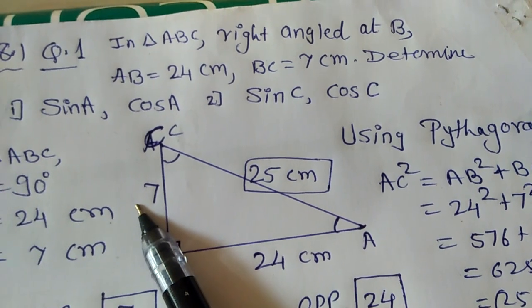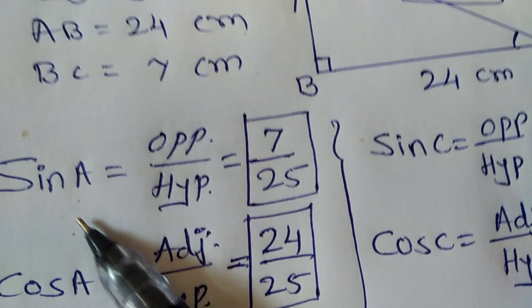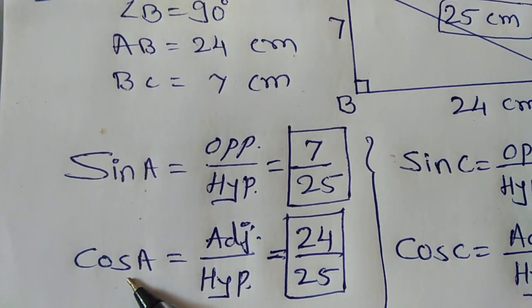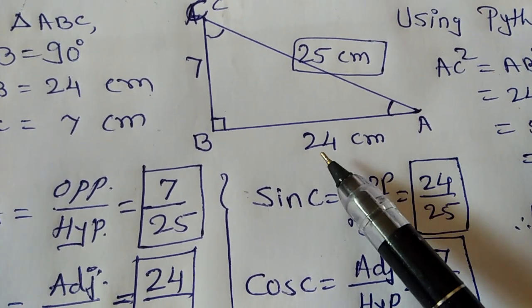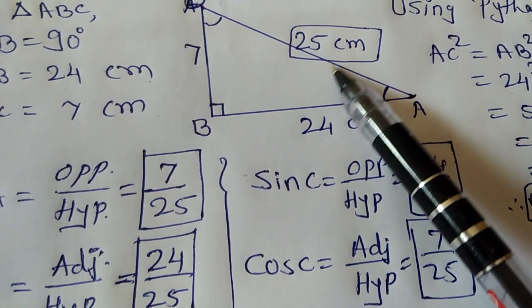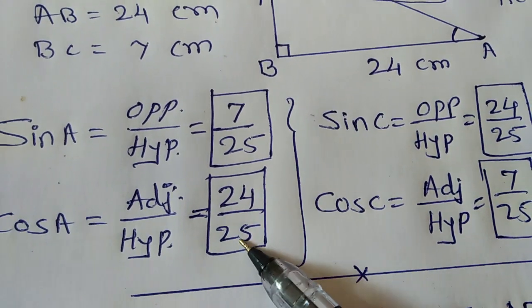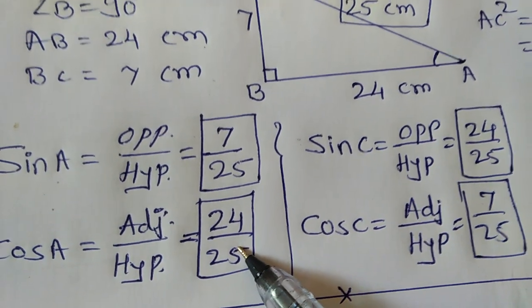Opposite of A is 7, hypotenuse is 25. Therefore, the value of sin A is equal to 7 upon 25. How to find cos A? See the angle A. The definition of cos is adjacent upon hypotenuse. Adjacent upon hypotenuse is 24 upon 25. Therefore, cos A is equal to 24 upon 25.